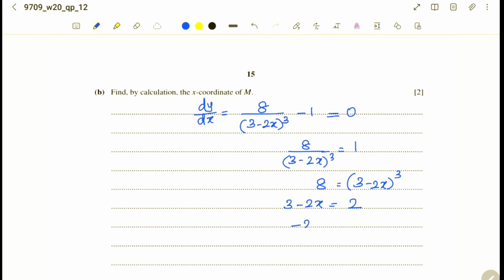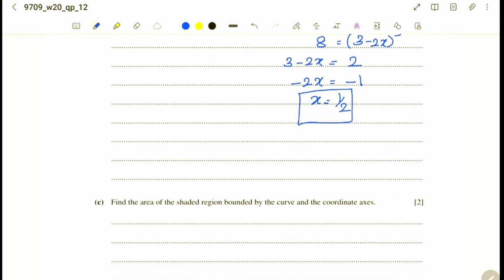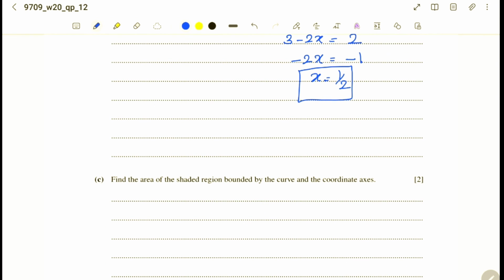So minus 2x equal to minus 1. So x equal to 1 over 2. This is the x coordinate of M. So the point M is 1 over 2 comma 0, the y coordinate is 0.